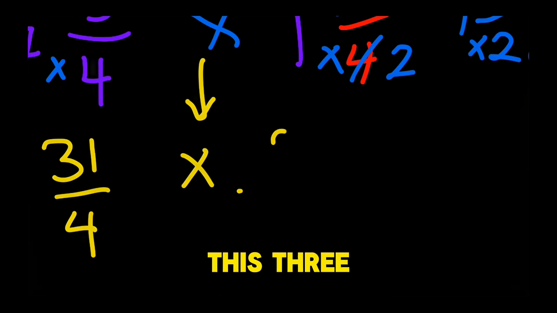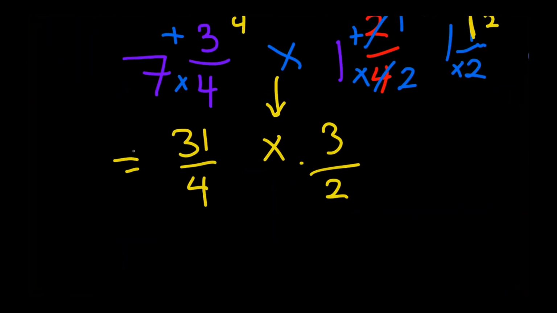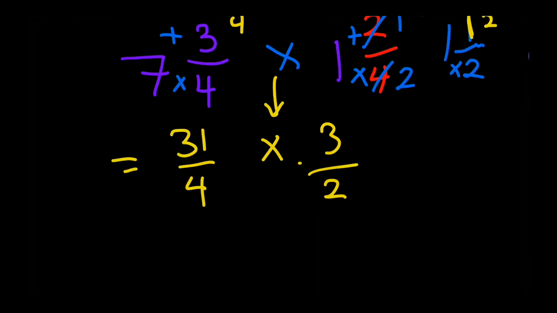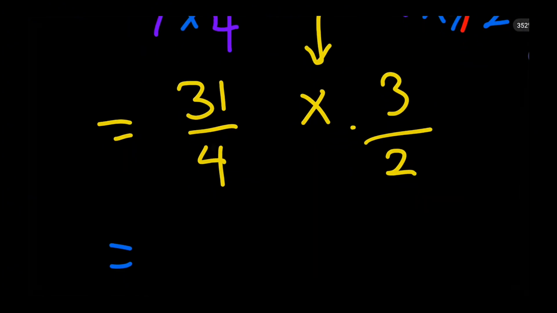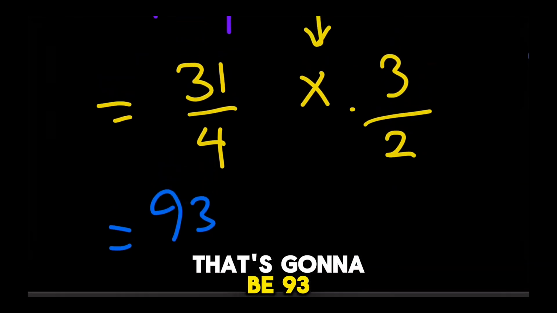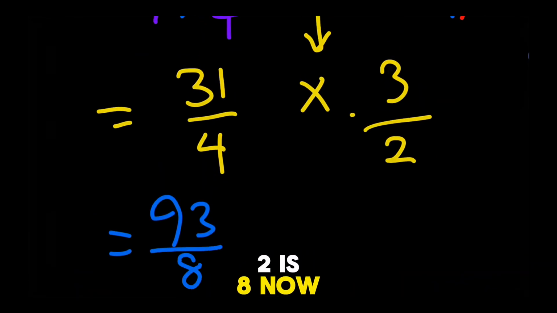So let's just use this, 3 over 2. So let's multiply now. 31 multiplied by 3, that's going to be 93. And 4 multiplied by 2 is 8.